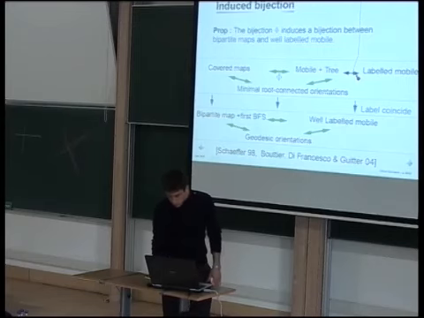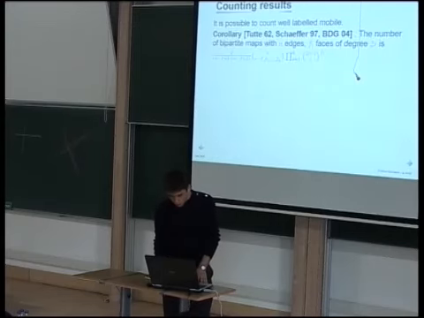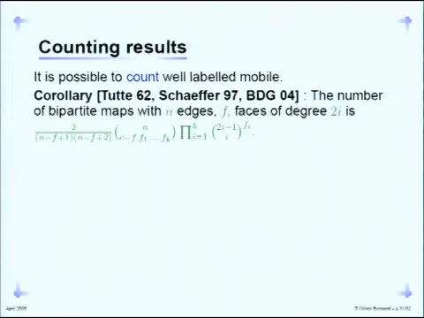Okay, and I have not much to say left, apart from some counting results. It is possible to count well-labeled mobiles. So we have specialized our bijection, and we are able to characterize the object that we have obtained.